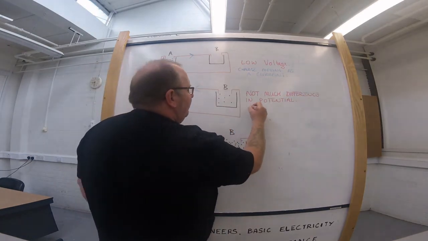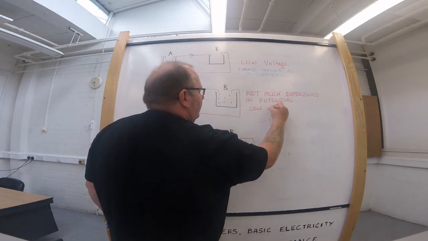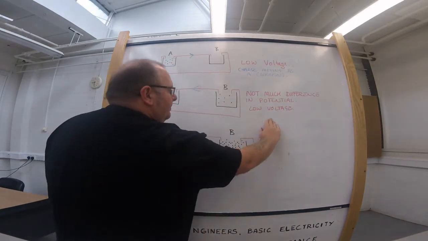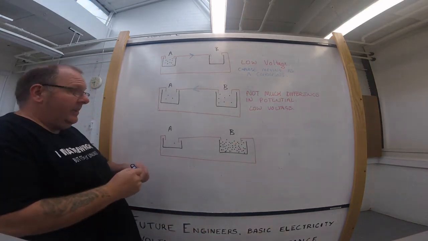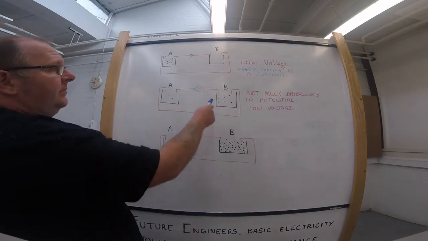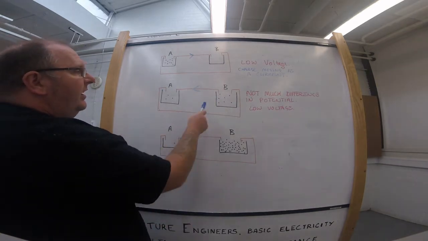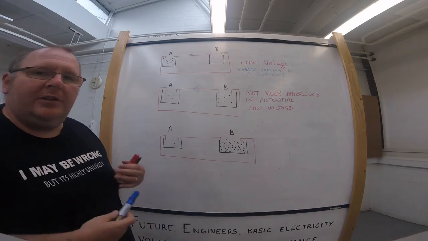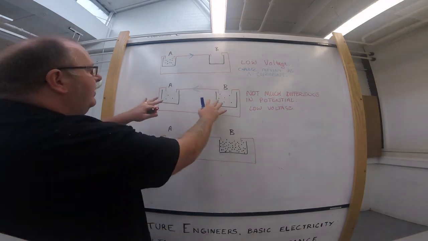Low voltage. Is charge flowing? Is there a current? Yeah, there is. It will continue to flow until we have the same number of charged particles, electrons, at region B and A.